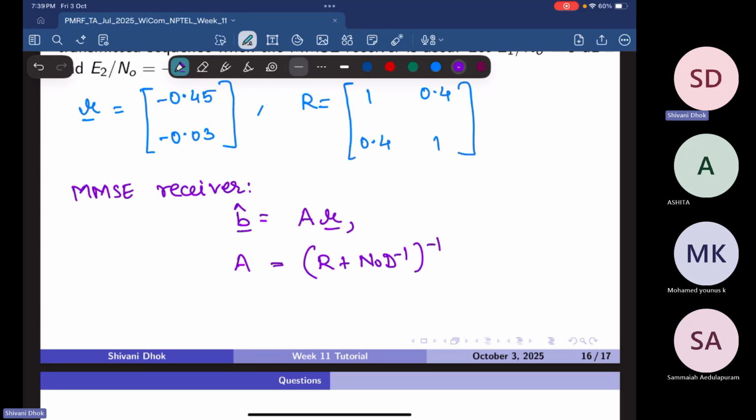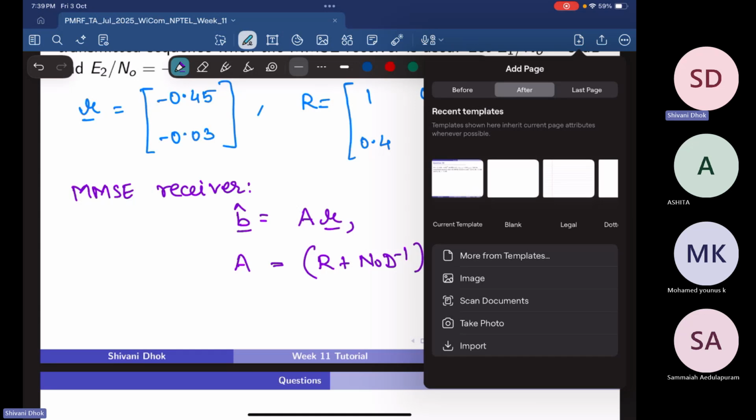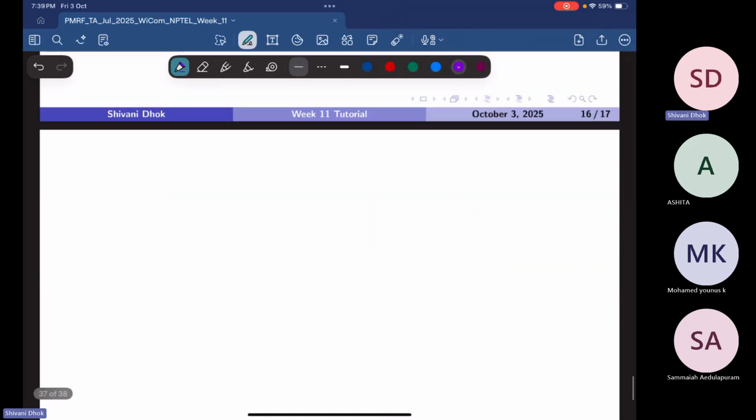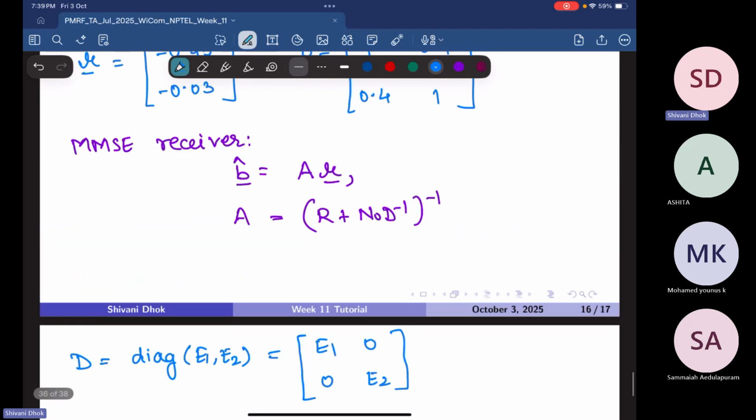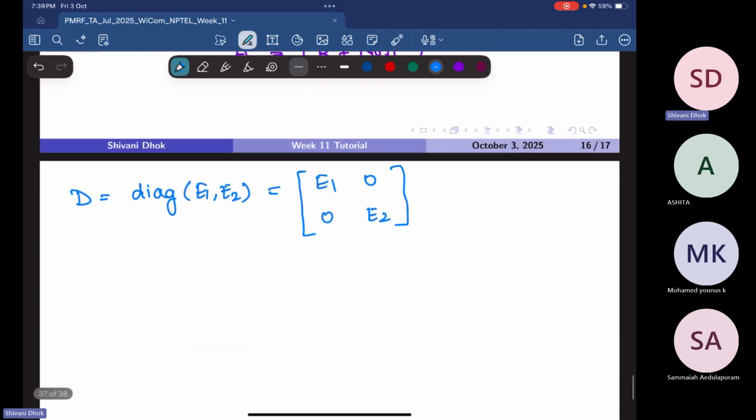Okay, so now let us first figure out R plus N naught into D inverse. Before that, first we'll figure out what N naught into D inverse is, one by one. In this particular thing, your D is simply diag of E1, E2, which I can write as E1, 0, 0, E2. Then your N naught into D inverse is N naught multiplied by 1 over E1, 1 over E2.